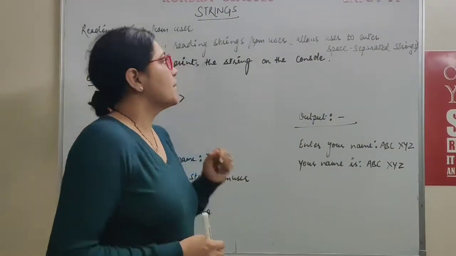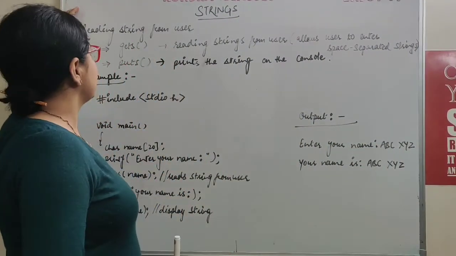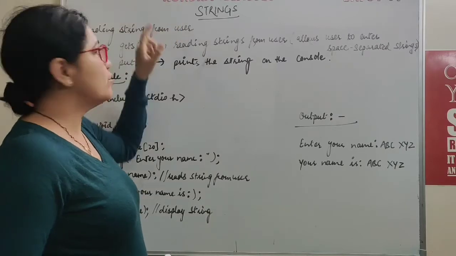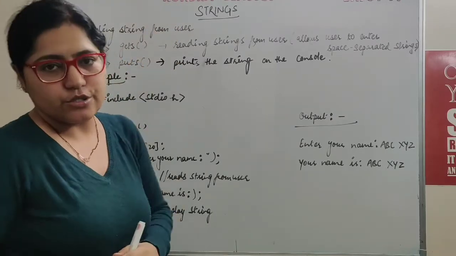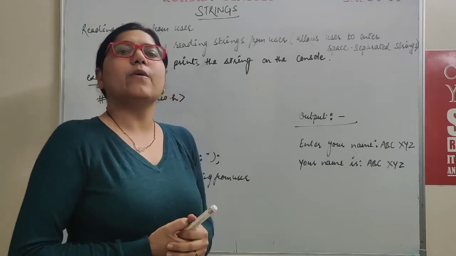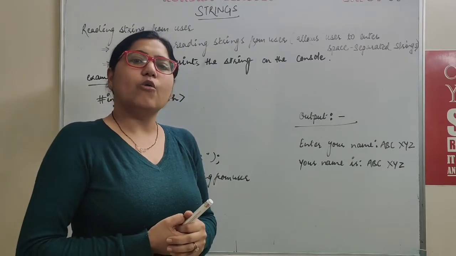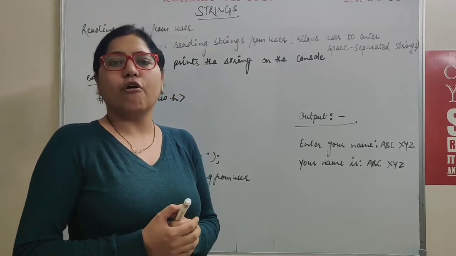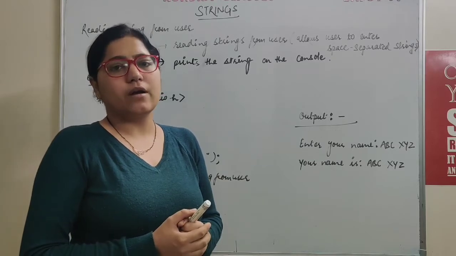Hello everyone. Now we are going to discuss reading strings from user using other functions. In the last video I told you about the scanf function, how to use scanf and printf for reading strings from user.